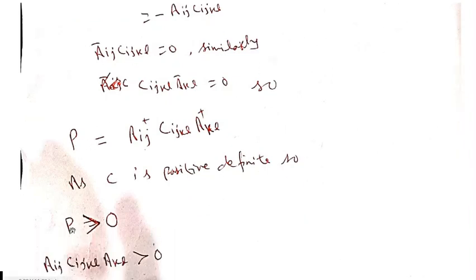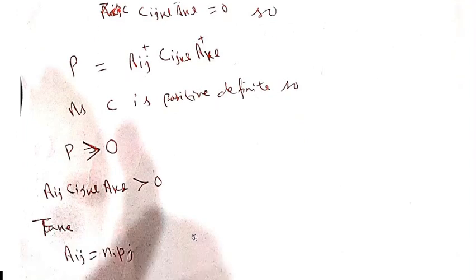And what is P? Initially P is this. After using your result of decomposition, you have seen that P is equal to this. When P is equal to 0, let us take a_ij equals n_i p_j.